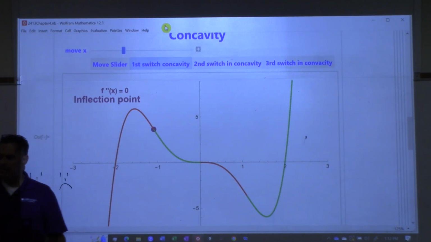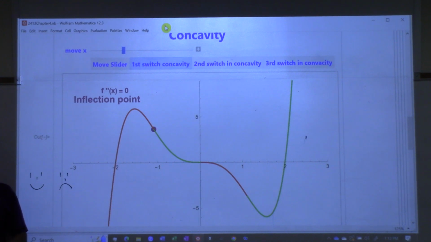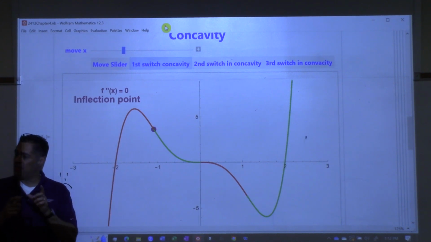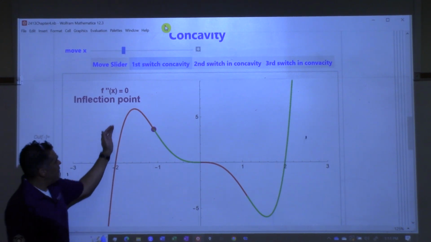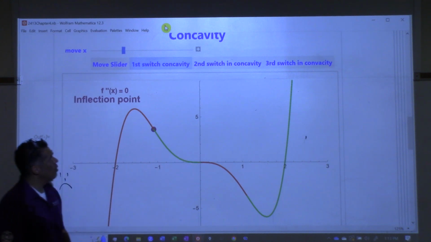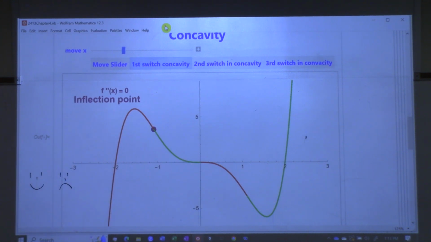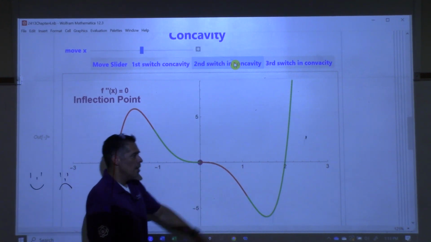Remember, first derivative 0 is where we have flat tangent lines. Second derivative equal to 0 is where we have changes in concavity. You're either going from a frown to a smile, or, do you see a second inflection point right there? There we're going from a smile to a frown, right? And then we'll have a third one.